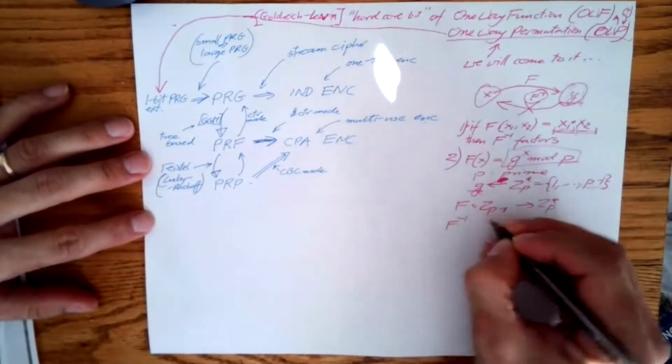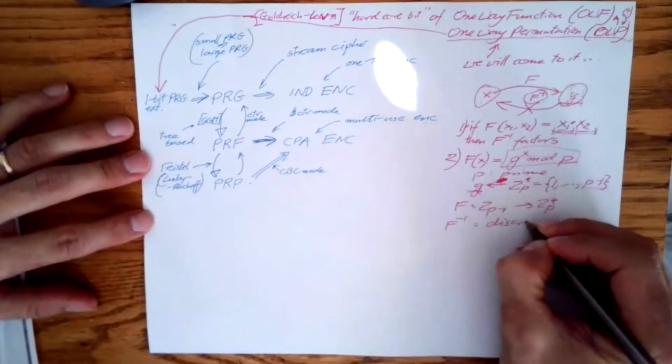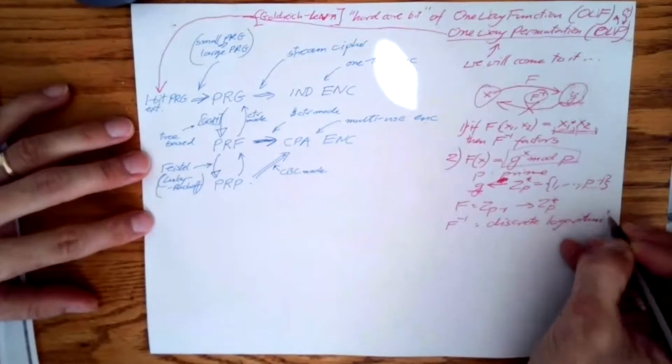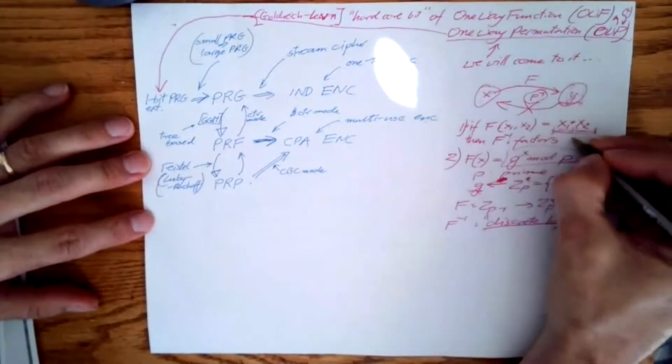F inverse is called discrete logarithm, just as f inverse before was factoring.